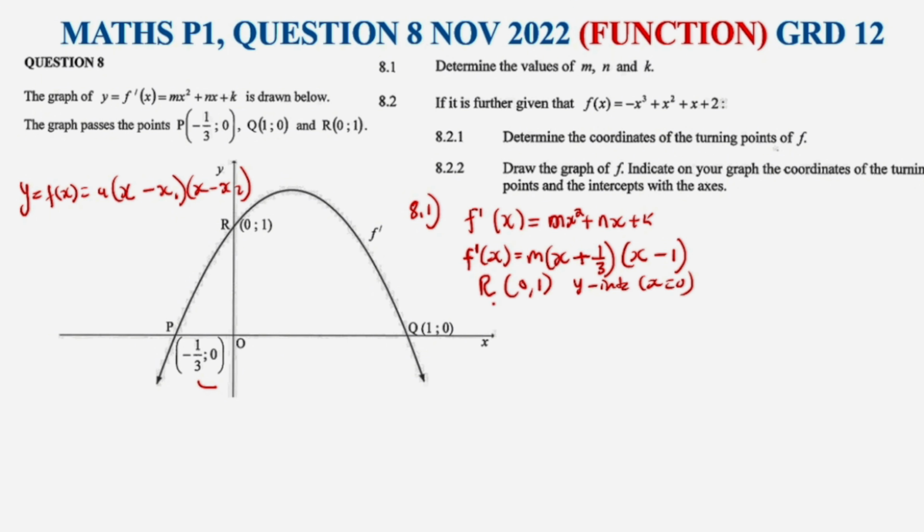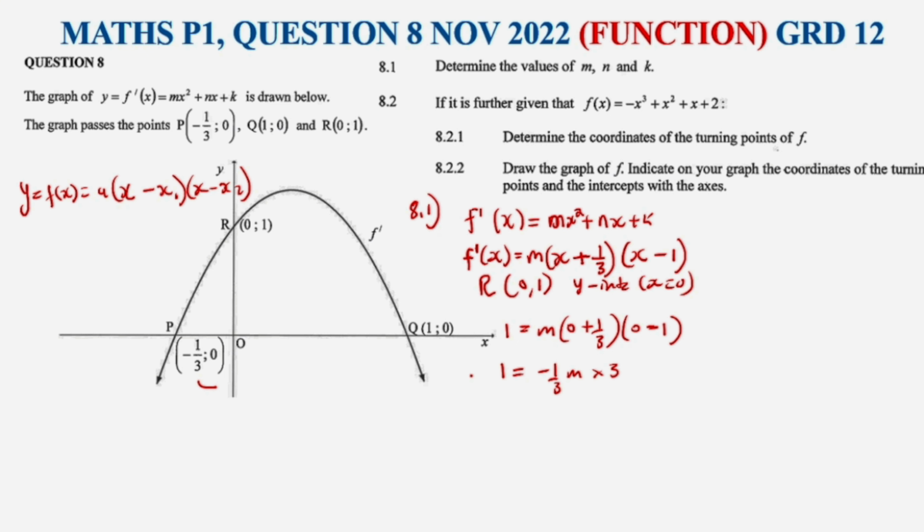So when you put x equal to 0 in this case, this is what we're going to have. y will be 1, which is equal to m, x will be 0 plus 1 over 3, x will be 0 minus 1, close bracket. Therefore we need to multiply this out. You're going to have negative 1 over 3, so 1 is equal to negative 1 over 3 m.